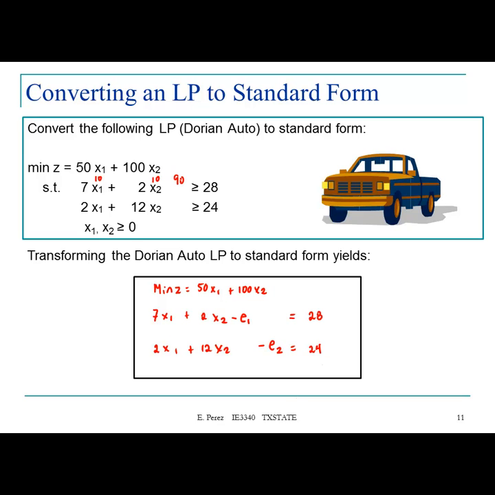But in the case that this becomes an equality constraint, if this becomes an equality, then you know that your constraint is not going to be satisfied because 90 is not equal to 28. So that's the reason we add this excess variable.